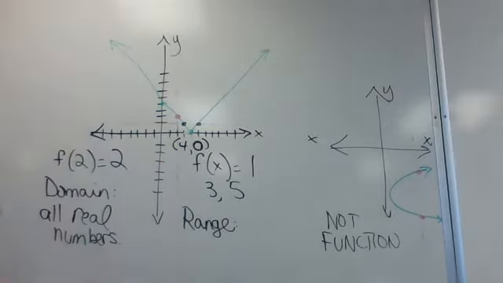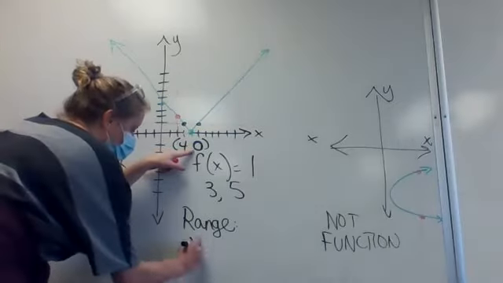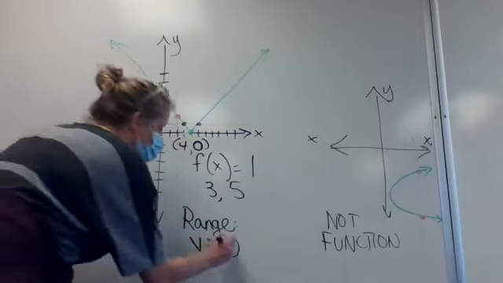It's 0. 0 is the very lowest point in the range. So how am I going to say that in the not interval notation? It would be greater than or equal to 0, or 0 to infinity would be interval notation, right? But here, y is going to be greater than or equal to 0.